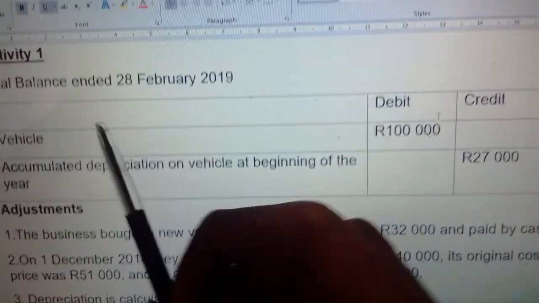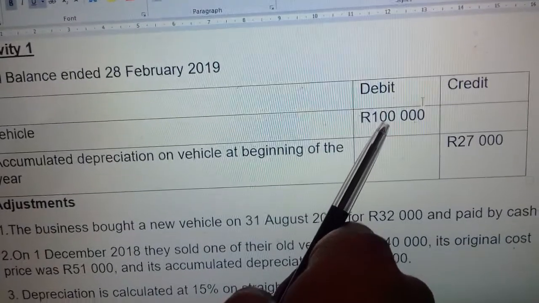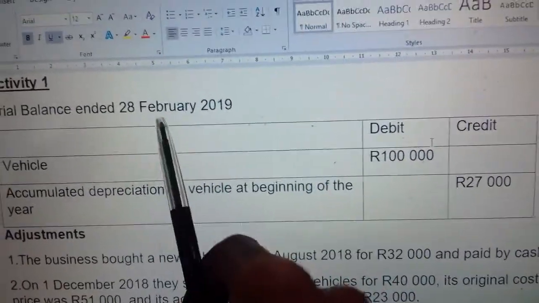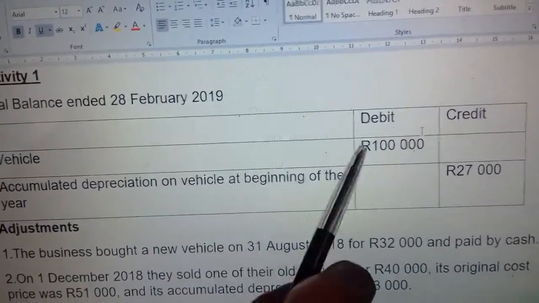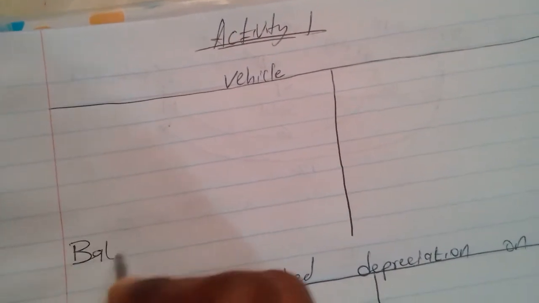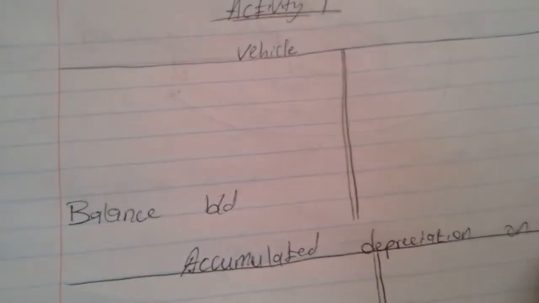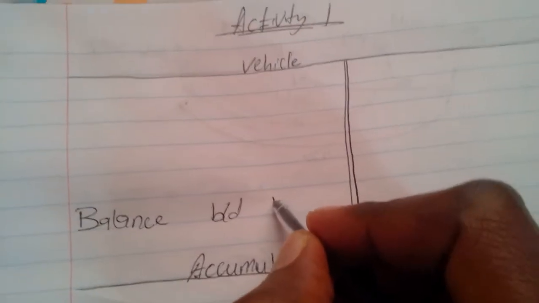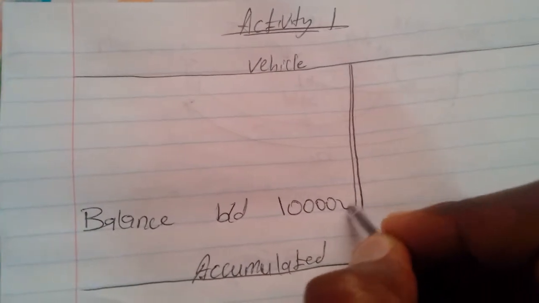We are given the balance of the vehicle at the end of the year, on the 28 February trial balance, so we're just going to record this. It will be on the credit side, balance brought down, so we record our balance at the end of the year of 100,000.